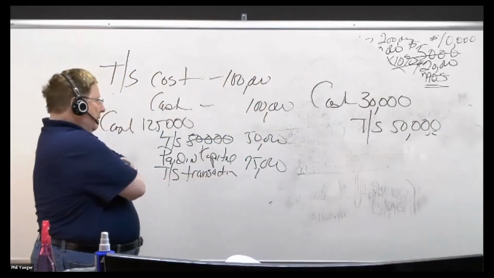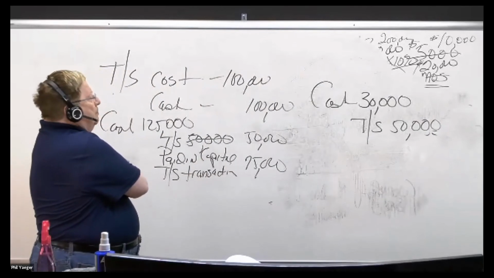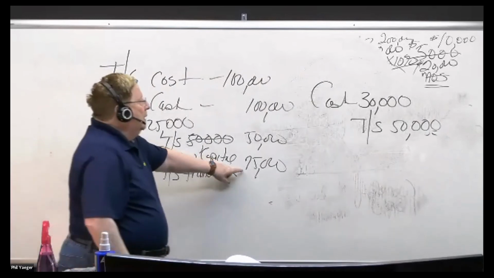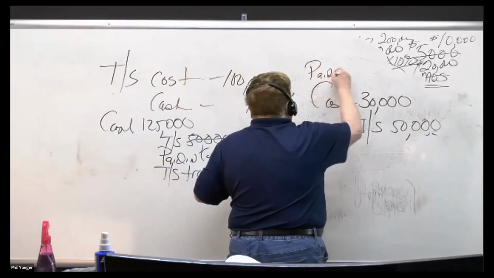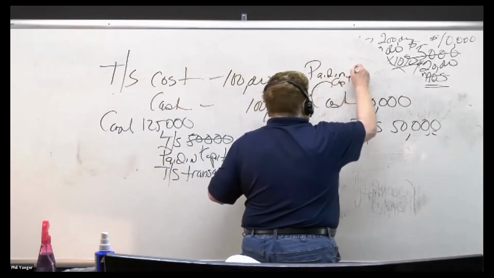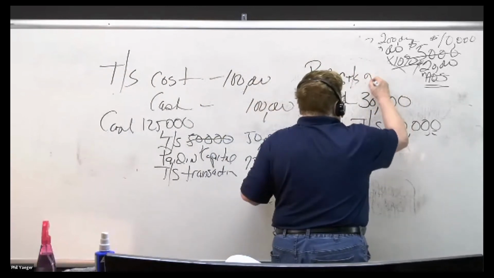Paid in capital. You want to get rid of the paid in capital you recorded, up to 75,000. So you'll debit paid in capital from treasury stock transactions, here 20,000.